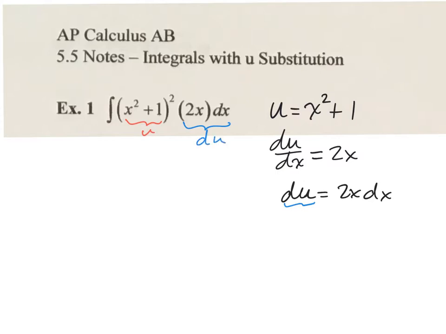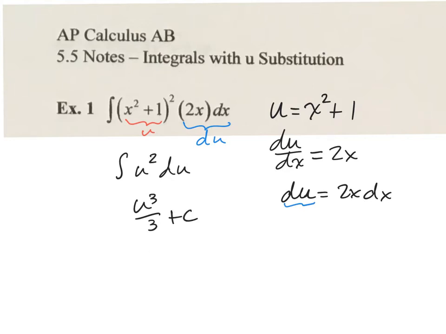So the new integral would look like this: the integral of u to the second du. Now this is a very simple integral to evaluate, or to find the antiderivative of, using the power rule. That would be equal to u to the third over 3 plus c.